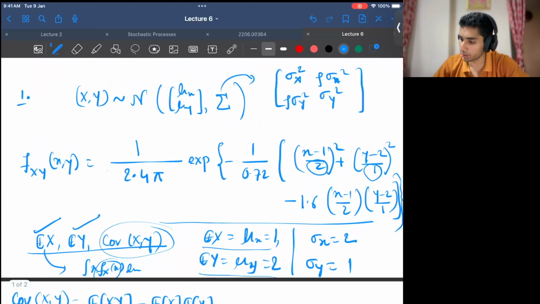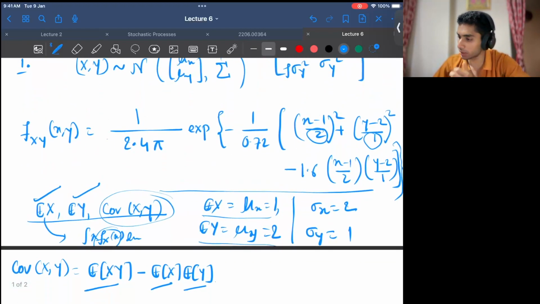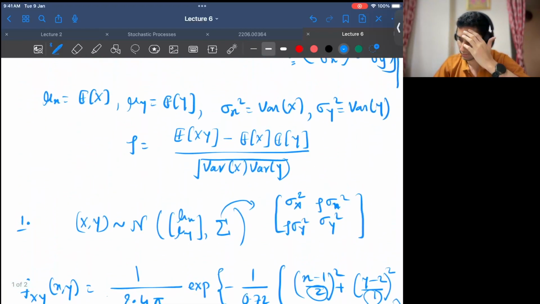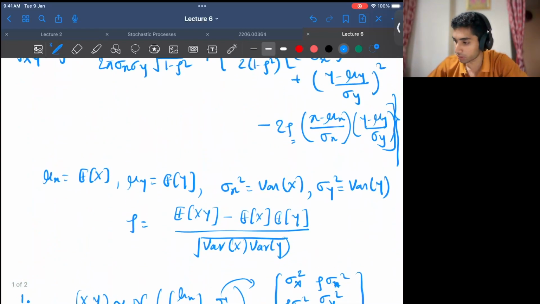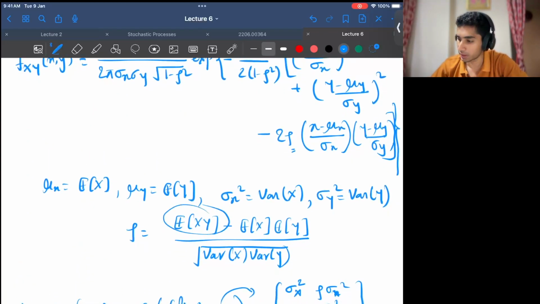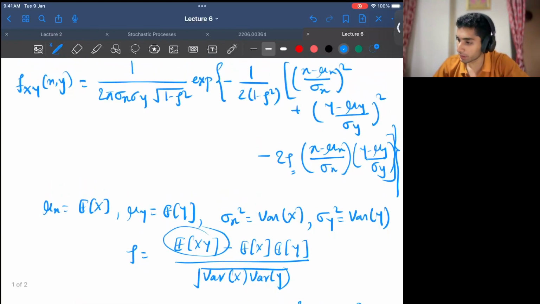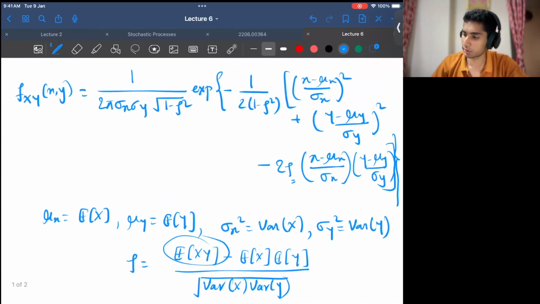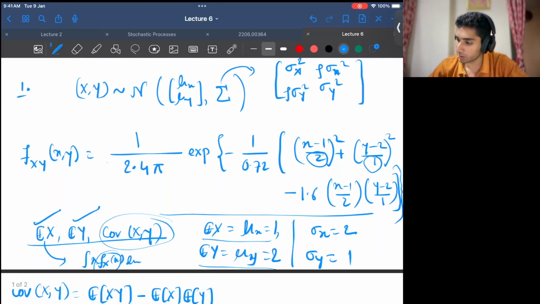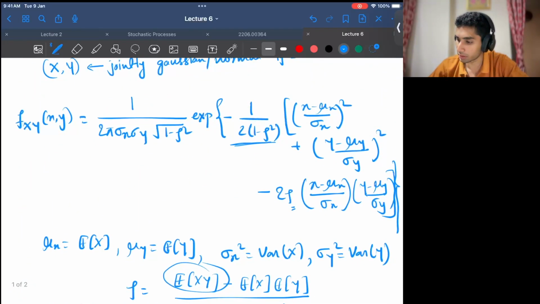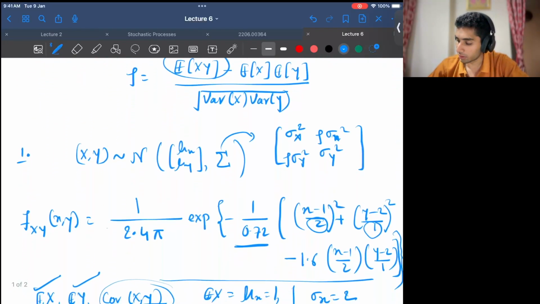For that, you can make use of rho, which is your correlation coefficient, because it contains your expected value of xy. How do you do that? You can see that whatever is there outside the bracket is actually 2 times 1 minus rho square. So this thing 0.72 must be equal to 2 times 1 minus rho square.